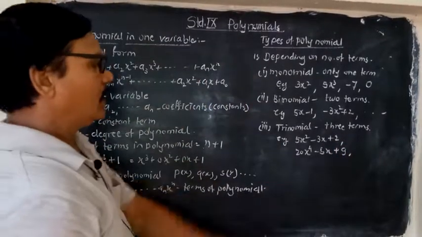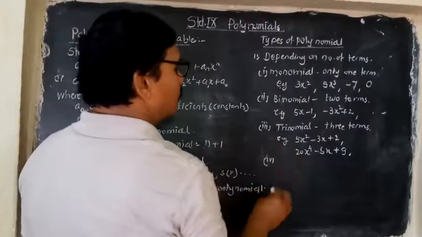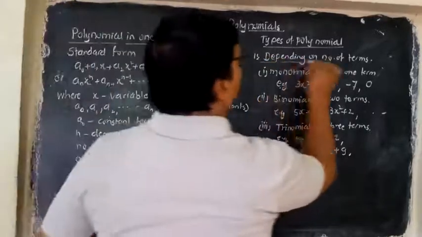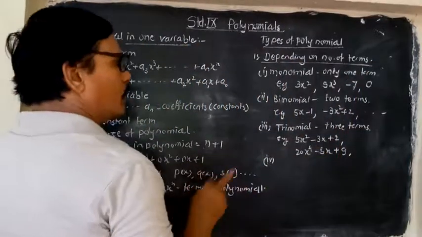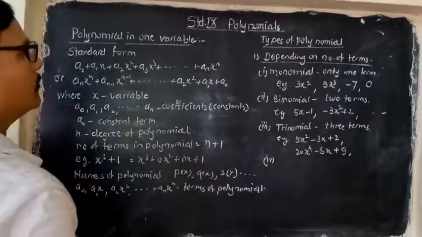These are trinomials with three terms. Then other polynomials can be named depending on the number of terms: polynomial with 3 terms, polynomial with 4 terms, polynomial with 5 terms and so on.